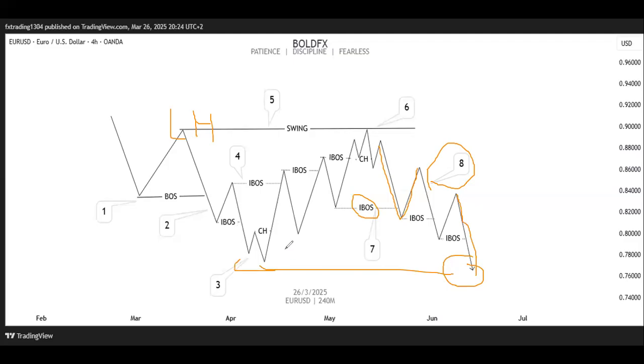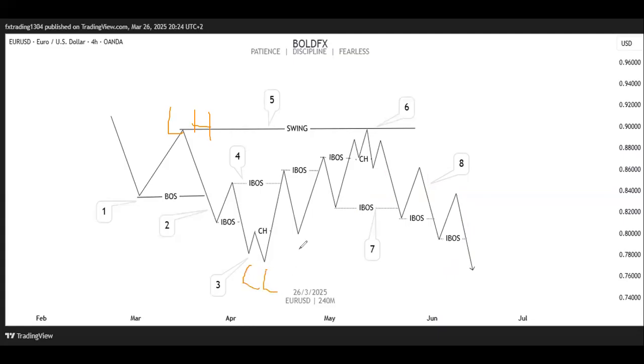This is simply now your swing lower high, and this is your swing lower low, right? So this is what you are targeting.